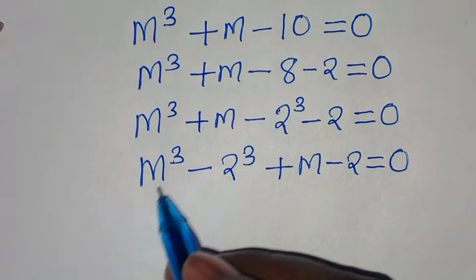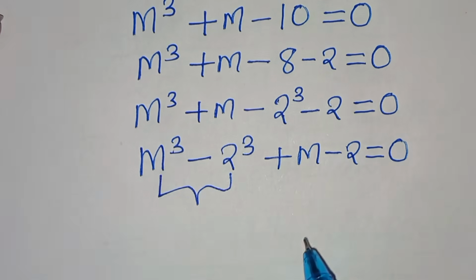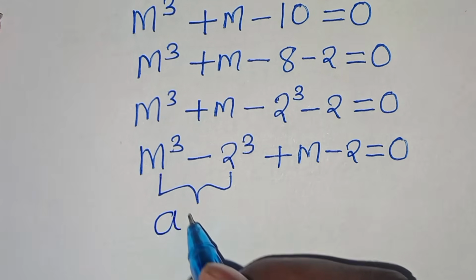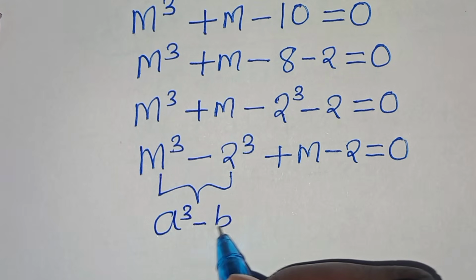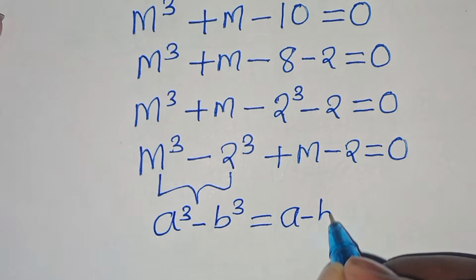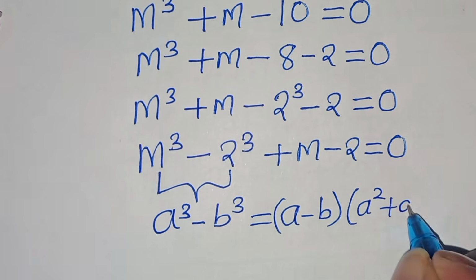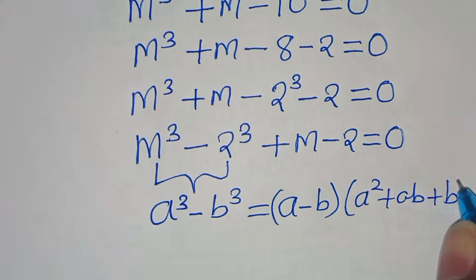Now m to the power of 3 minus 2 to the power of 3 is actually the difference of two cubes, which we can express as a to the power of 3 subtract b to the power of 3, and this can be expressed as a subtract b, then a squared plus a times b, then plus b to the power of 2.